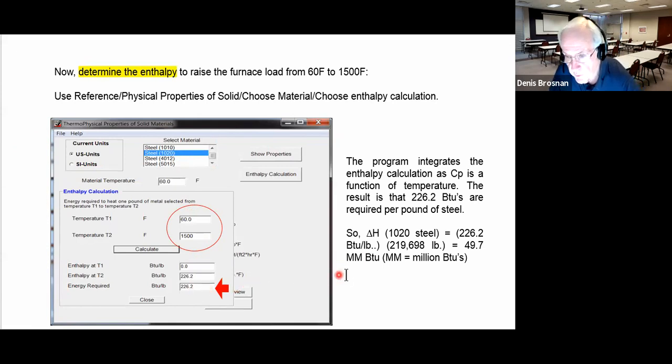So in this particular case, it's 226.2 BTUs per pound. We've got 219,698 pounds. So that's going to be 49.7 million BTUs in order to heat up those two coils.